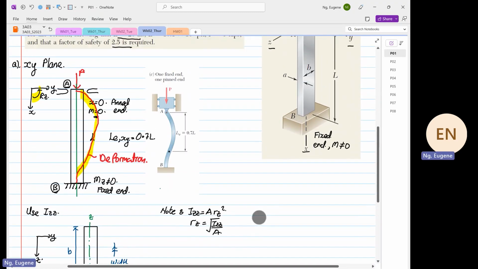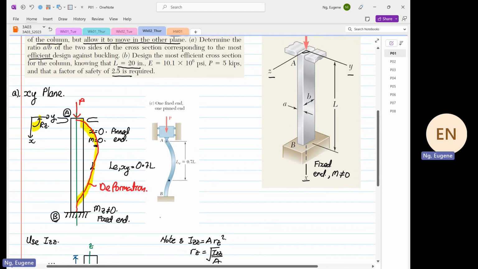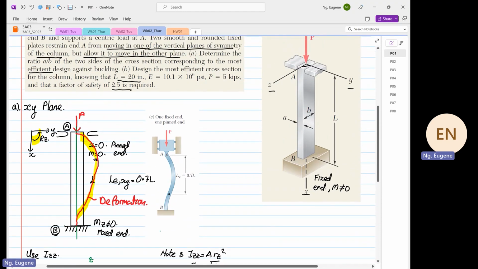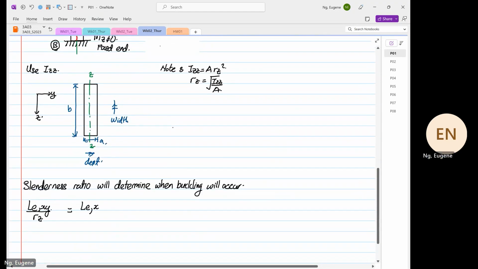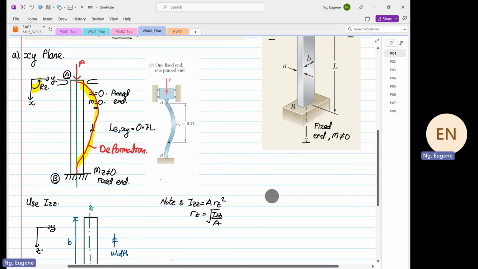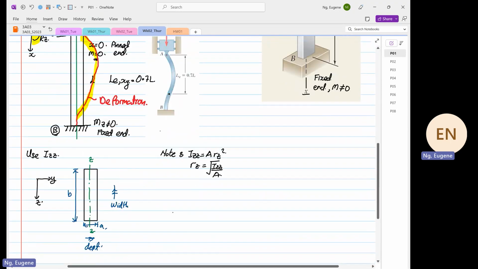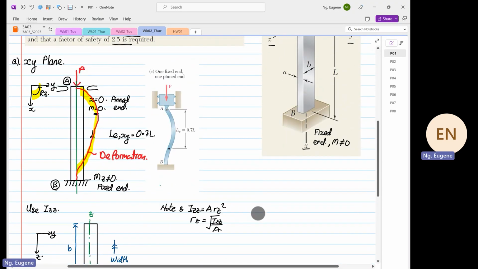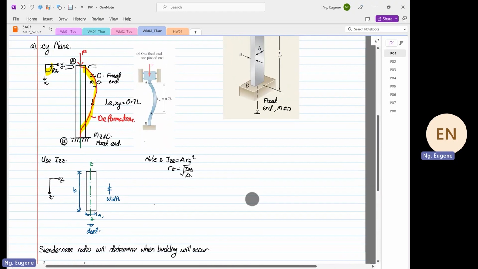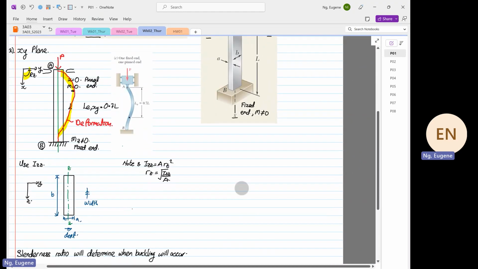So the next plane we're going to look at is the XZ plane, where we have to determine LE over RY. Okay, wait, let me have a look. So we are looking at the XZ plane, RY. Yep.